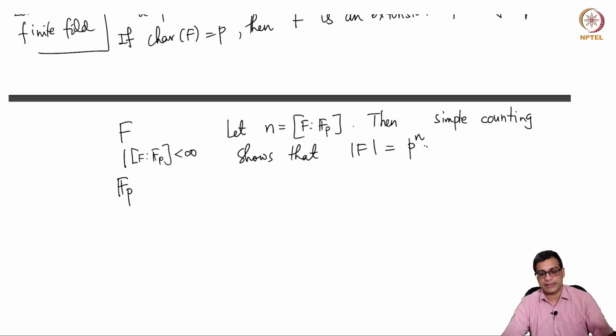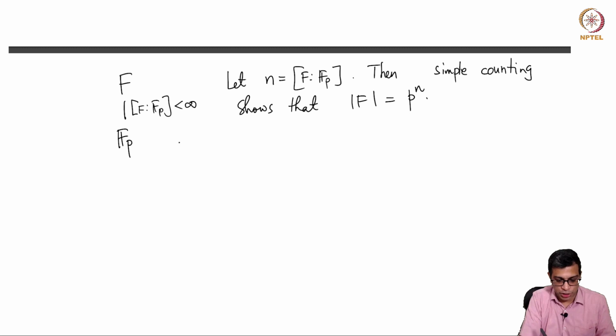Because there is a basis consisting of n elements, so all elements of F can be obtained by putting some coefficients in front of the basis. So for each basis element you have p possibilities, because the coefficients have to come from Fp. So there are p possibilities for the first basis element, p for the second, p for the third, p for the nth basis element. So altogether you have p times p times p, n times, namely p power n elements.